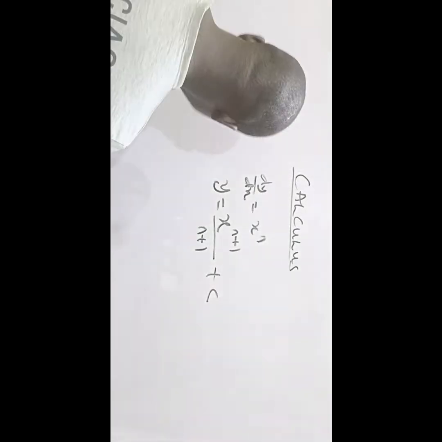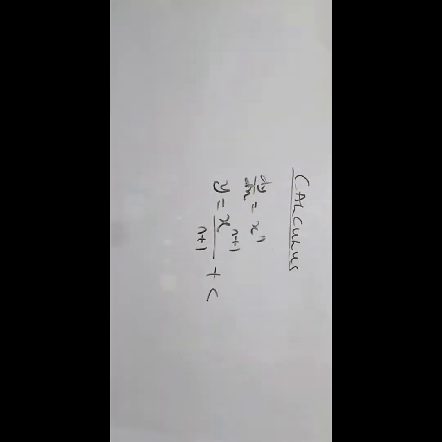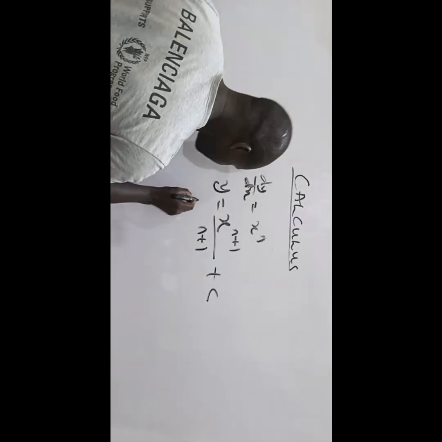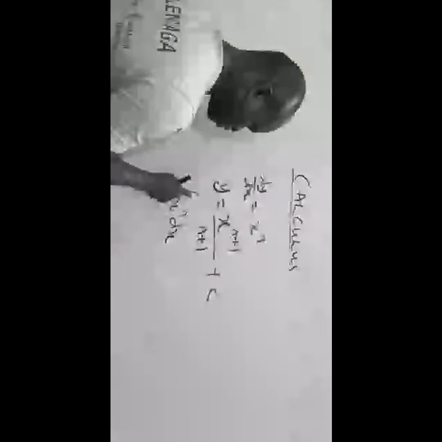So under integration, if you are asked to integrate any function, you must take note of that. That is, the integral of x^n dx is x^(n+1) all over n+1 plus an arbitrary constant.